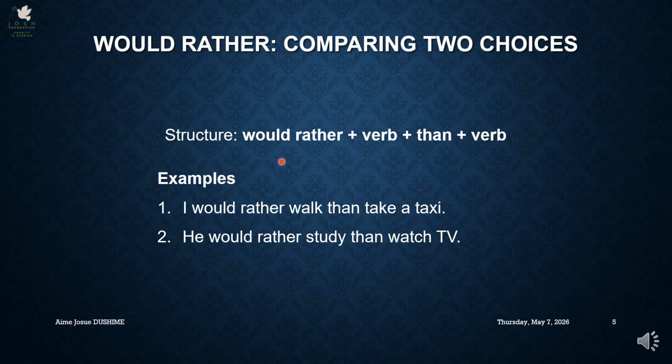Now this time it's in a profound way. The structure we take is would rather plus verb plus than plus another verb. That's the two things that we have here.